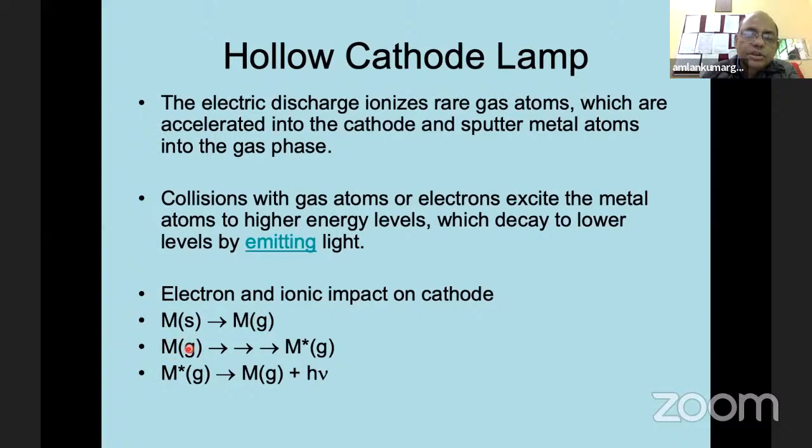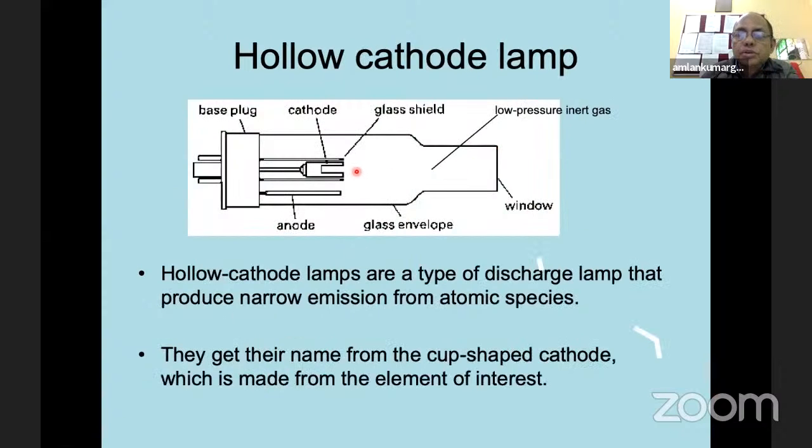And this gaseous metal can then be excited by collision with high-speed argon atoms. When this excited atom comes back to the ground state, it gives out radiation, and this radiation will pass through the window, going straight, because these other regions are opaque, and radiation cannot travel through them.